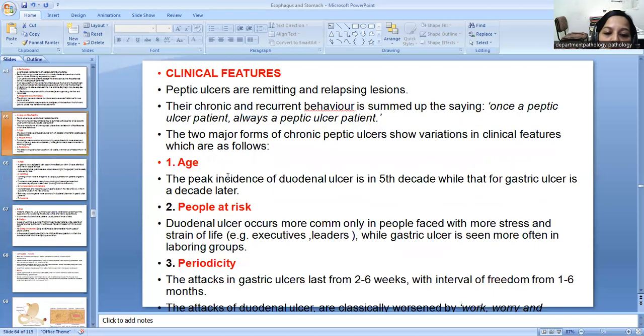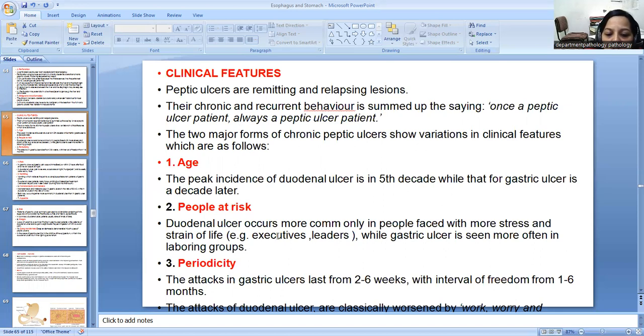Okay. So the clinical features: peptic ulcers are remitting and relapsing lesions. Their chronic and recurrent behavior is summed up by saying once a peptic ulcer patient, always a peptic ulcer patient. Two major forms of chronic peptic ulcers show variations in clinical features, which are as follows. First is the age. The peak incidence of duodenal ulcer is in the fourth decade, while that for gastric ulcer is a decade later.